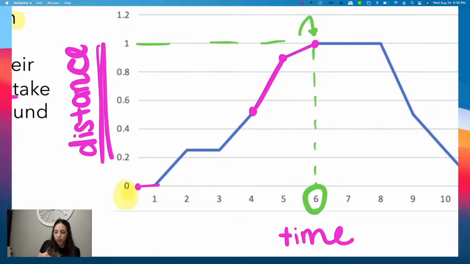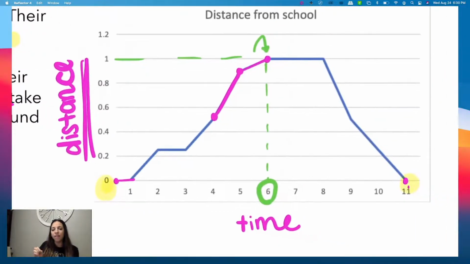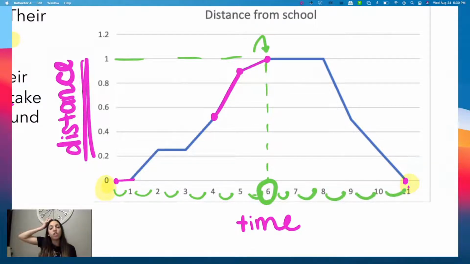But again, at this point, we don't know what that 6 represents. We know that we have 11 equal spaces in our time. 1, 2, 3, 4, 5, 6, 7, 8, 9, 10, 11. So they were marching for 11 equal spaces.